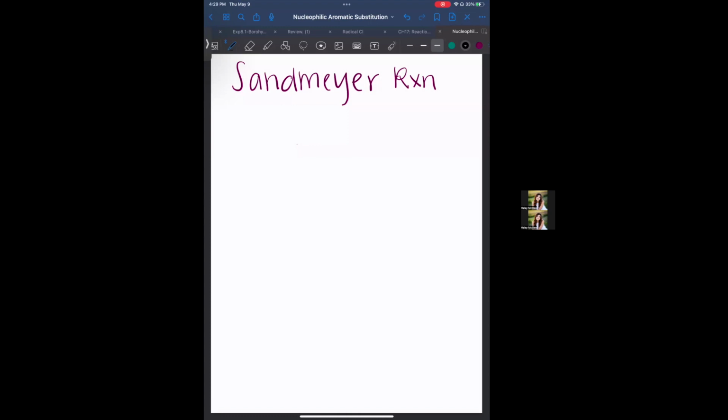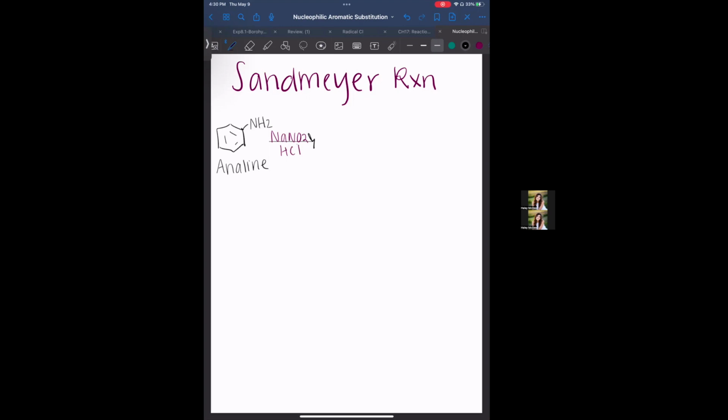So our Sandmeyer reaction is going to start with an aniline, which is going to be our benzene with an NH2. So I'll write that, aniline. And then we're going to first react it with, maybe I'll color code this so you can see the reactants, NaNO2 and HCl.